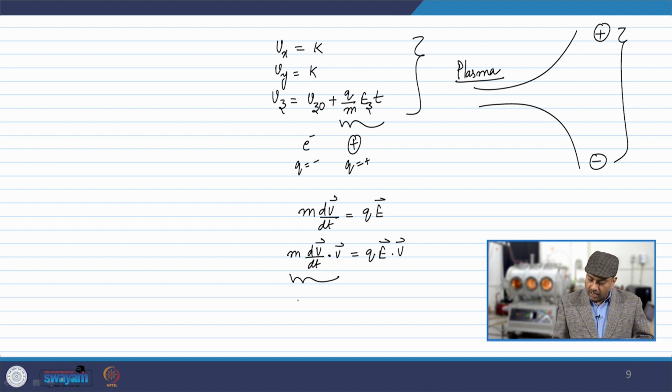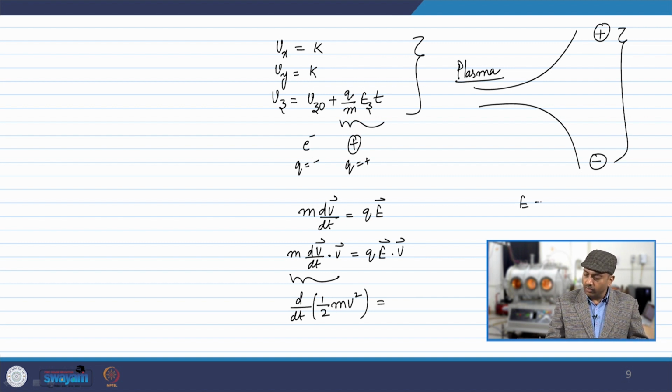So, we can write it as d by dt of half mv square, right. You take this derivative inside, v square is 2v dv by dt, 2 gets cancelled, you still have the same form as on the left hand side, right. So, we will write q times E dot V, right.